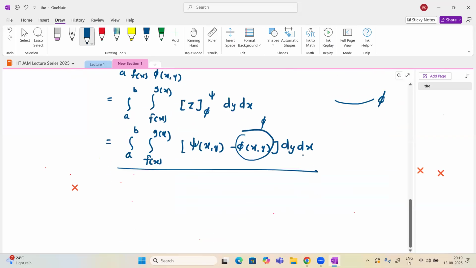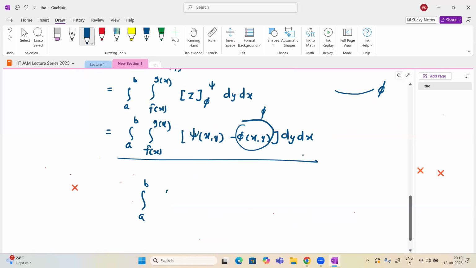In that case, the formula will be integration a to b, integration f of x to g of x, of psi, that means the given function, dy dx. Using this formula also, you will get the volume. Getting the point? Yes, that means this formula can be easily derived from the formula I told you using triple integration.